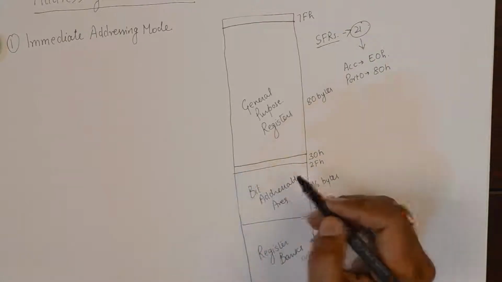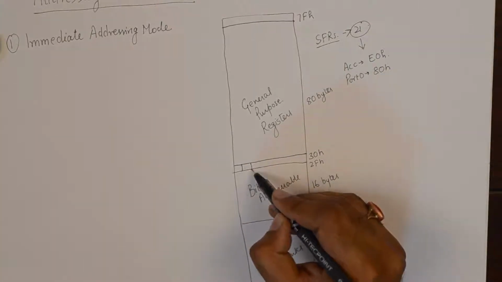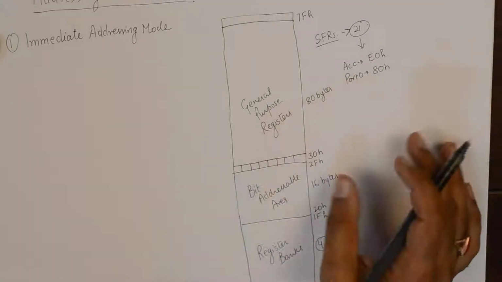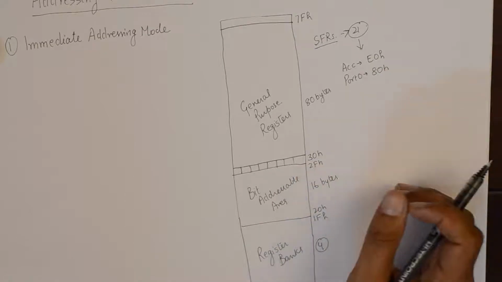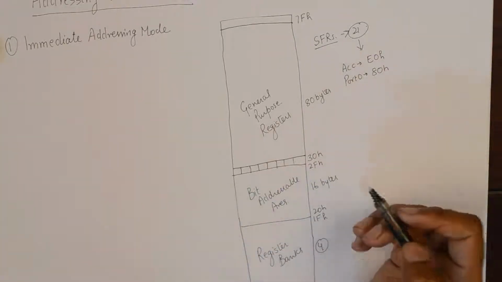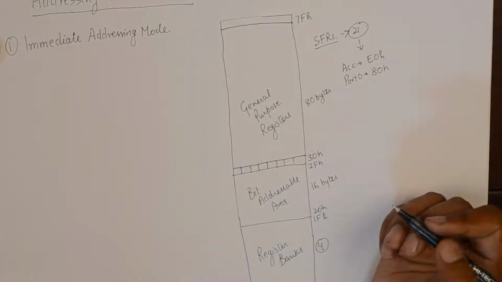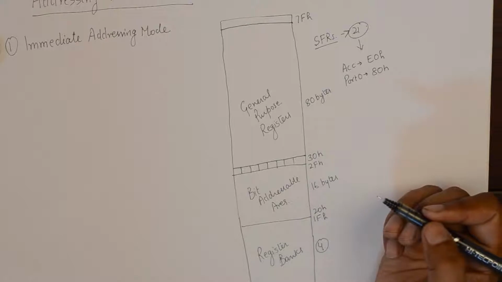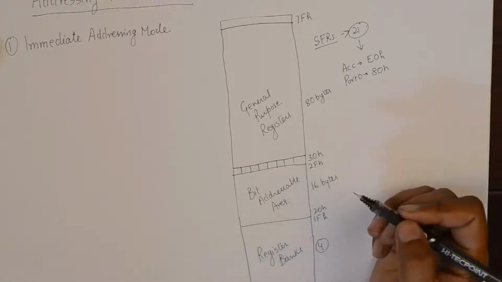We know every register is an 8-bit register, so we can move a maximum of FF number. We can put all ones in all these 8 bits, and that amounts to moving FFH into this register.